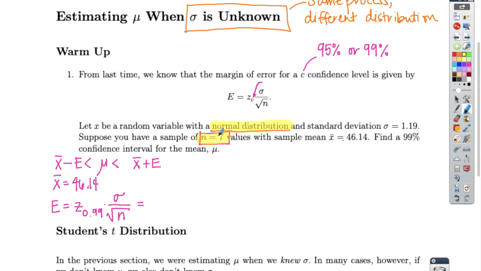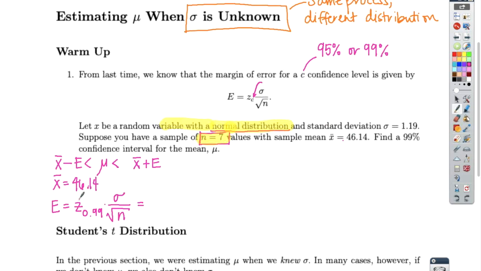Now remember, 30 is kind of that tipping point. As long as your sample is bigger than 30, we don't care so much about this whole normal distribution thing. But if you have a very small sample, like n equals 7, it's really important that they tell you that your random variable already has a normal distribution. So it's easy to gloss over this phrase, but it's actually really important that they did say there's a normal distribution here.